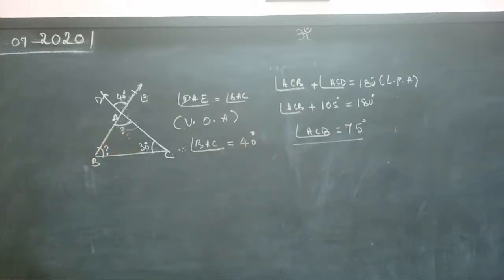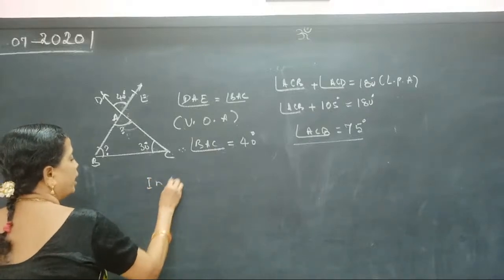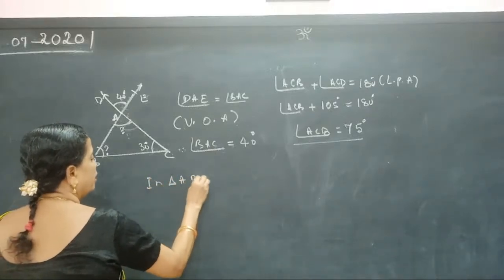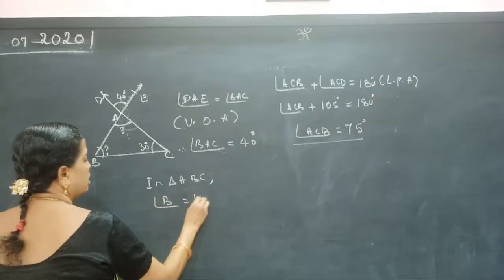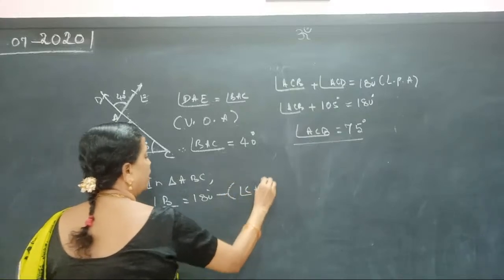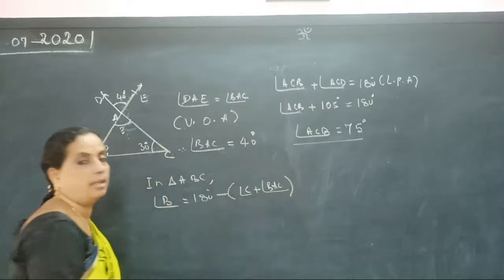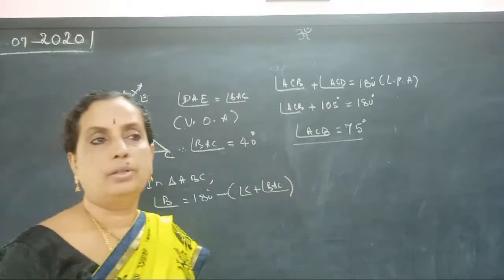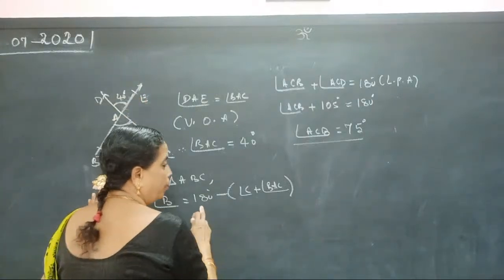Then make use of the angle sum property. In triangle ABC, angle B equals 180 degrees minus angle C plus angle BAC. The sum of 3 angles is 180 degrees. To find one of the angles, subtract the sum of the other two angles from the total.